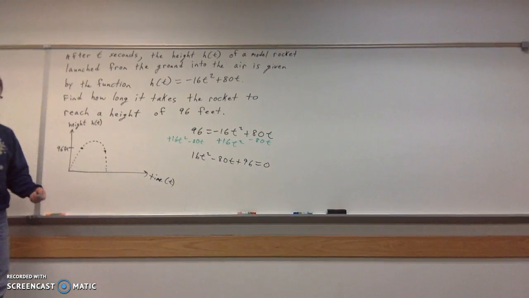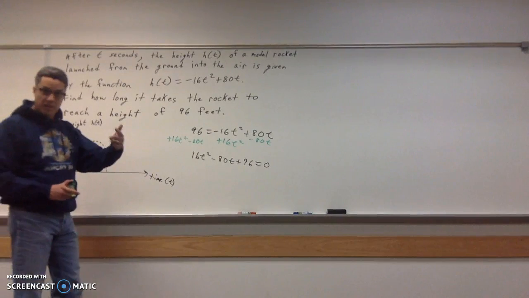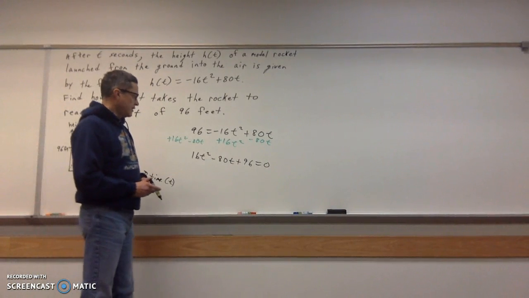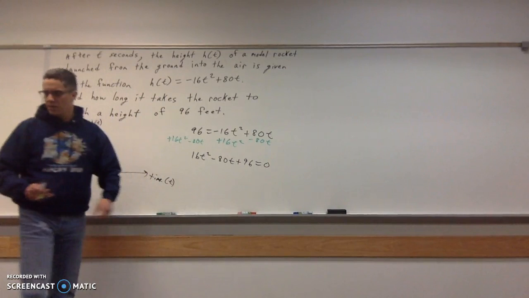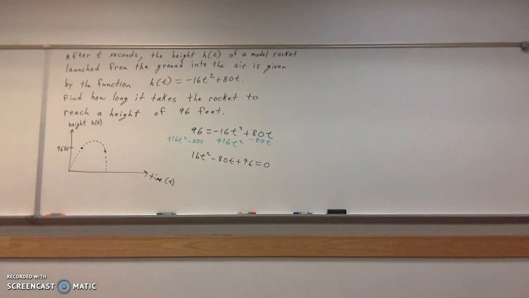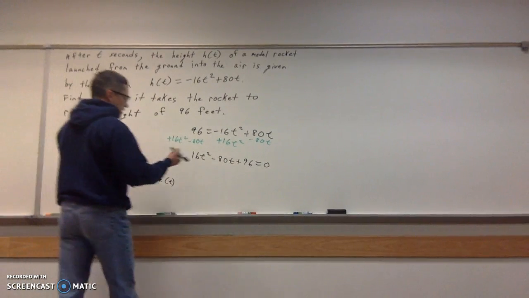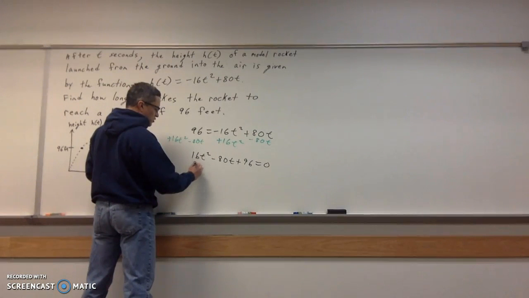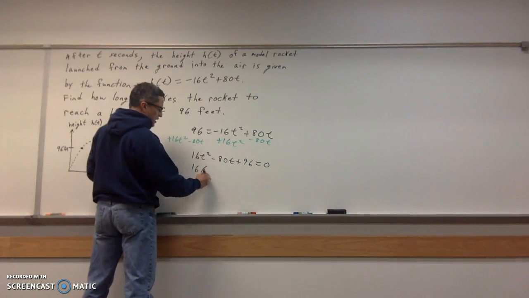Well, we're going to factor this, which means rule of thumb, greatest common factor. Let's see, the greatest common factor is 16, and it turns out it is. You can use a calculator if you struggle with these bigger numbers. But 16 goes into all of these.